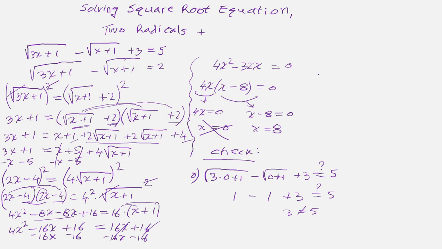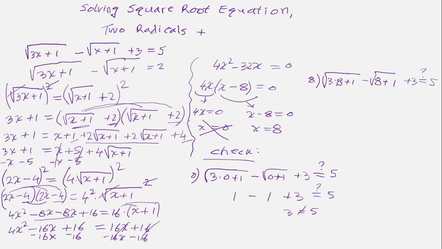Let's see if 8 works. So square root of, now instead of x we put 8, so 3 times 8 plus 1, minus square root of, instead of x we put 8 plus 1 again, and then plus 3, and we are checking if that's equal to 5.